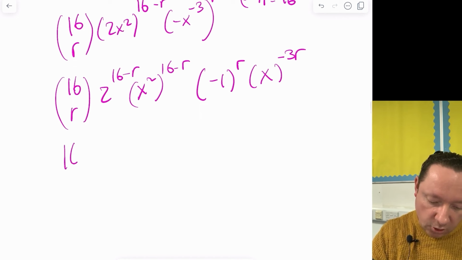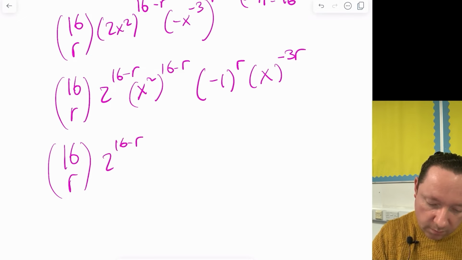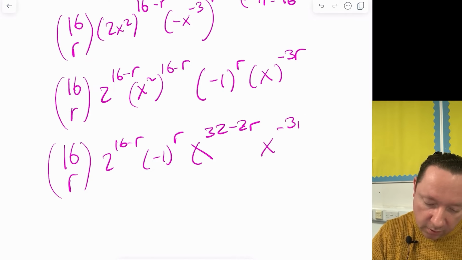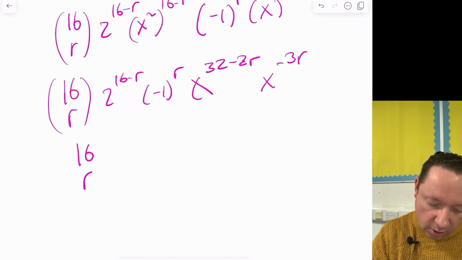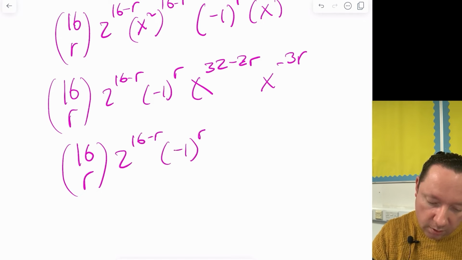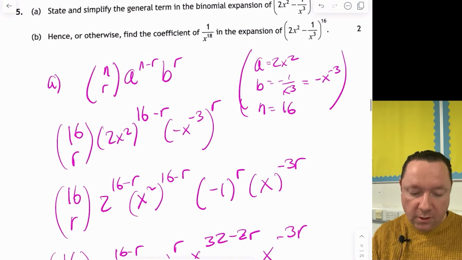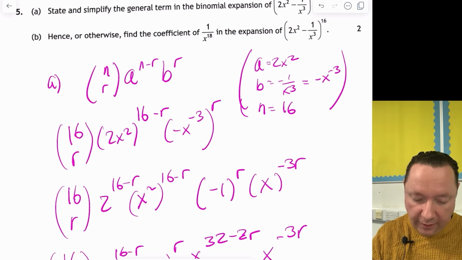So that's 16 choose r, 2 to the 16 minus r, minus 1 to the r, x to the 2 16s is 32, minus 2r, and then x to the minus 3r, and finally we get 16 choose r, 2 to the 16 minus r, minus 1 to the r, x to the 32 minus 5r, and we're done there.